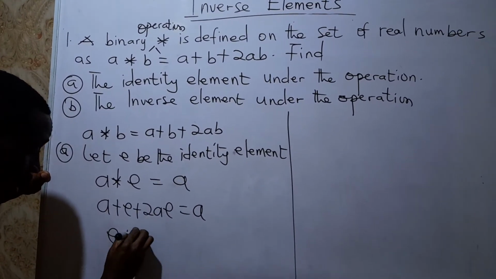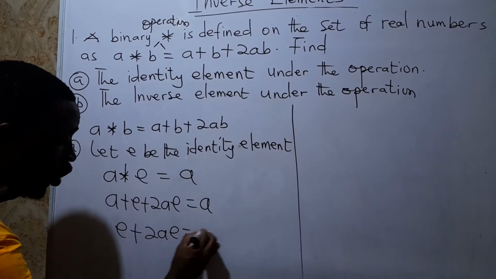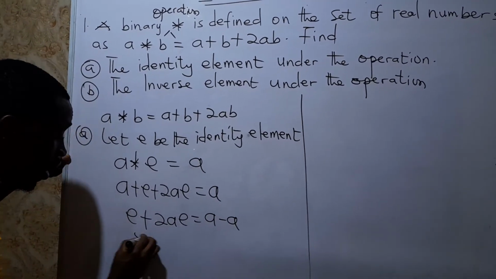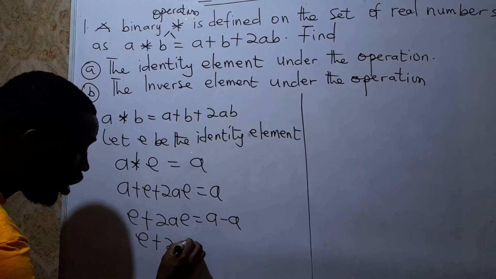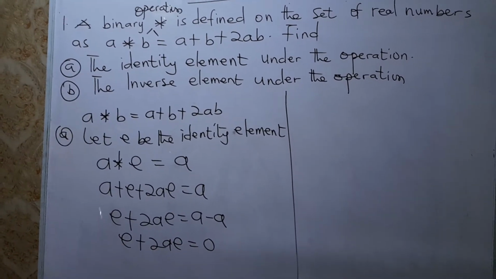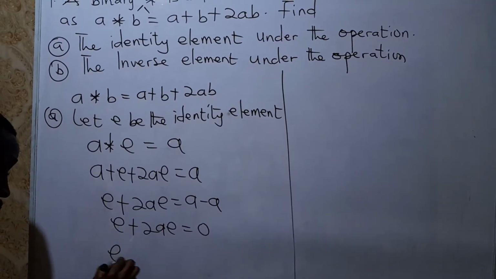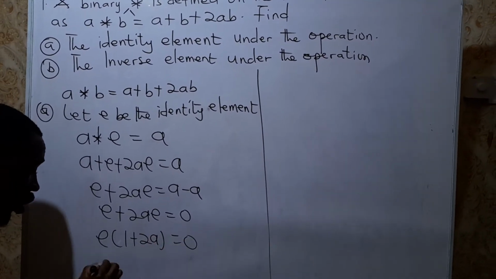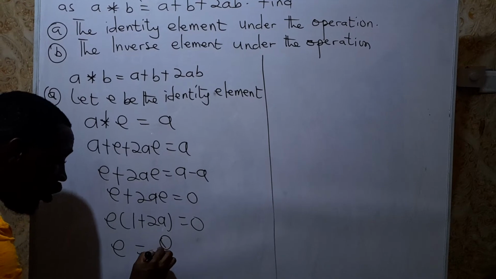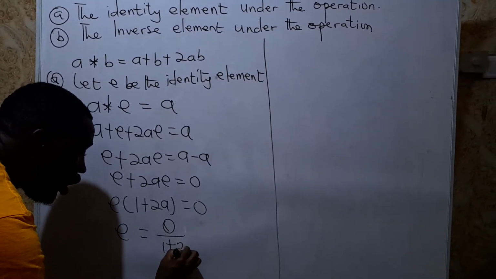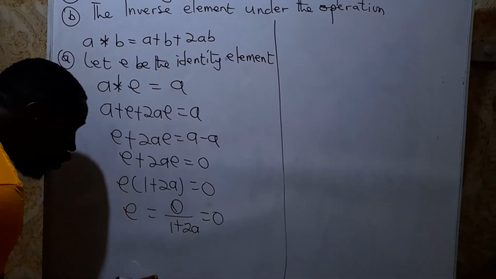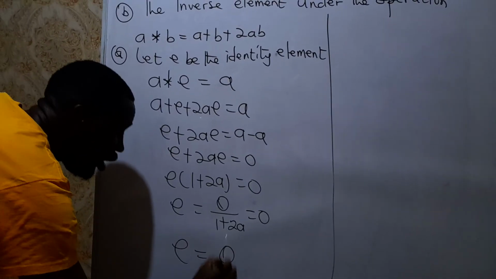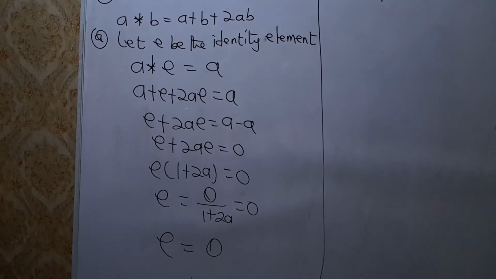So E plus 2AE equal to A minus A, E plus 2AE equal to 0. What's common? E is common, we bring it out. 1 plus 2A equal to 0. So E is equal to 0 over 1 plus 2A, and that's equal to 0. So you can say the identity element E is equal to 0.